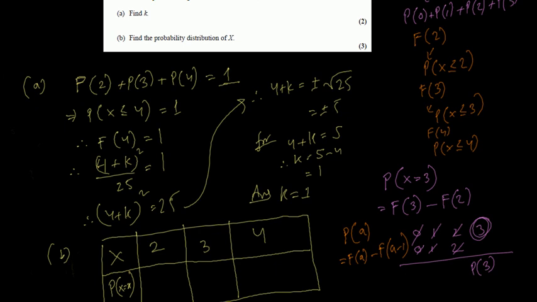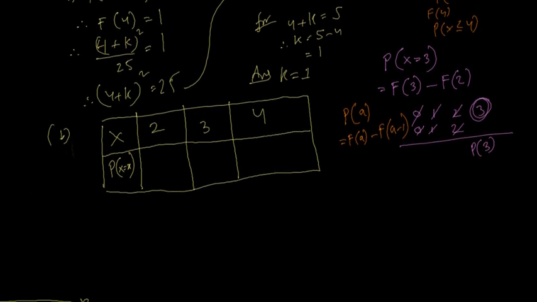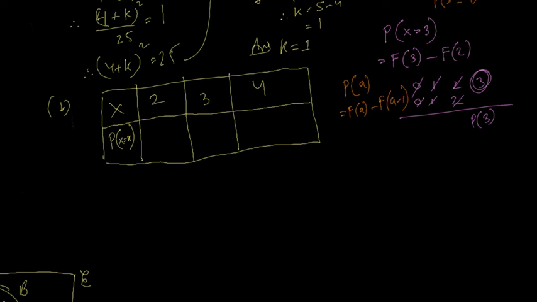So let's try to find out the cumulative probabilities of each and every one of them. Let me write out the CDF here: F(x) equals (x plus k) squared divided by 25, and k is 1.